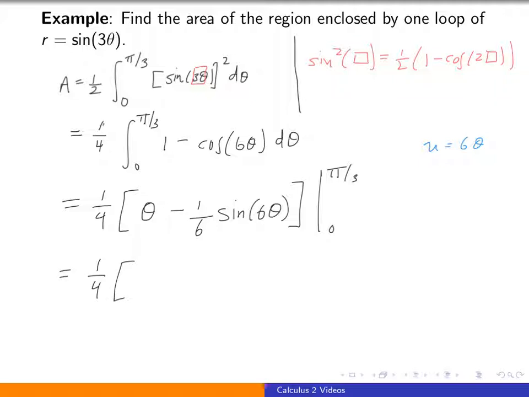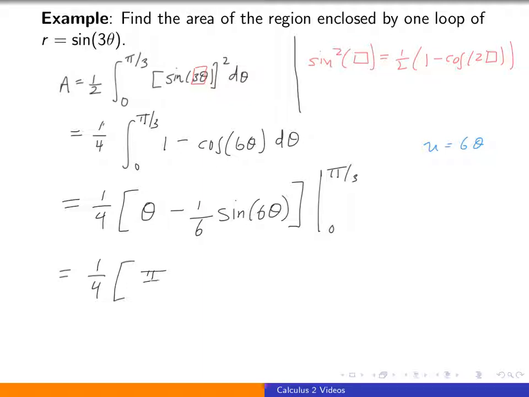Notice when you plug in pi over 3, 6 times pi over 3 is 2 pi. Sine of 2 pi is 0. Sine of 0 is 0. And when theta is 0, you get 0. So the only thing that you get that would be non-zero is when pi over 3 is plugged in for theta.